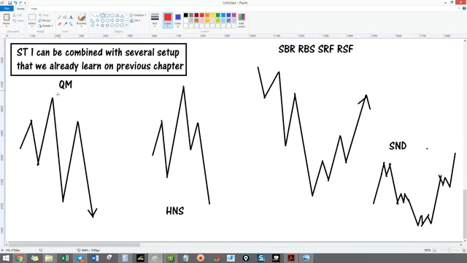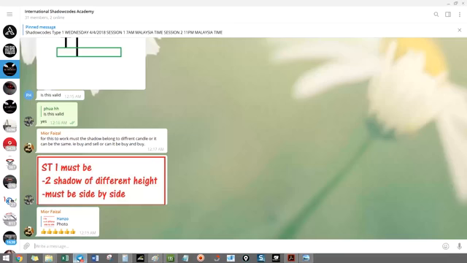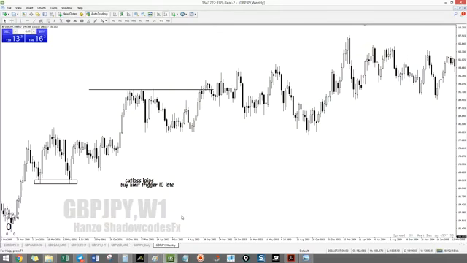You will find the shadow codes over here, over here, over here, over here. So you can find ST1 in a lot of setups from previous topics. Okay, is there any question? No.